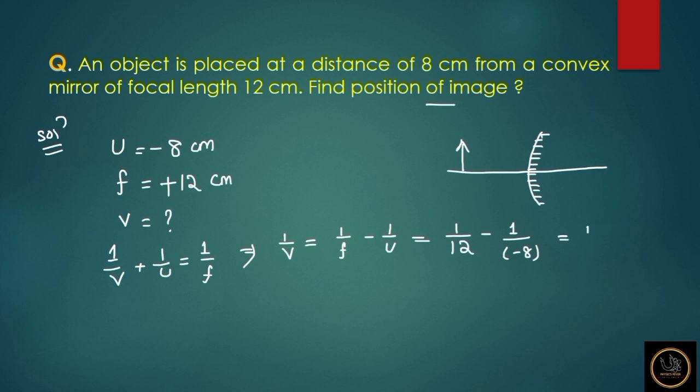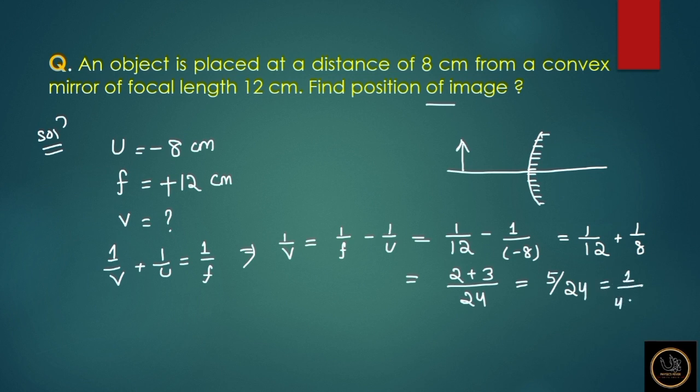So it will give 1 by 12 plus 1 by 8. Then solve it. The LCM will be 24. Then if we divide it, 12 gives 2 plus 3 is equal to 5 by 24, is equal to 1 by 4.8.